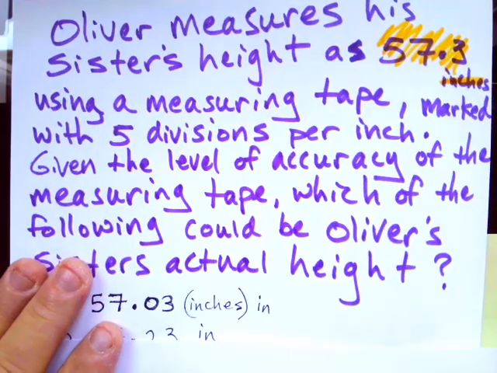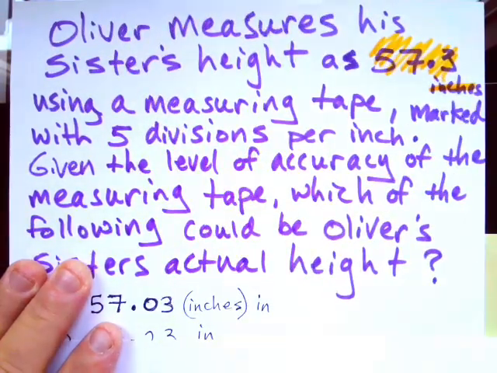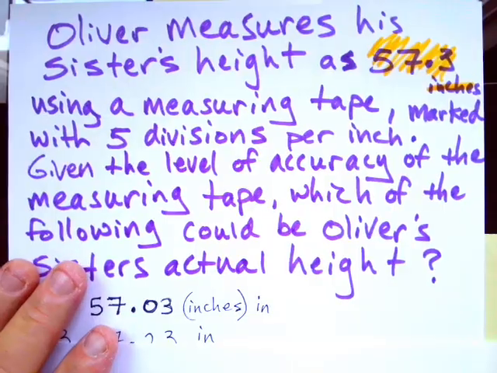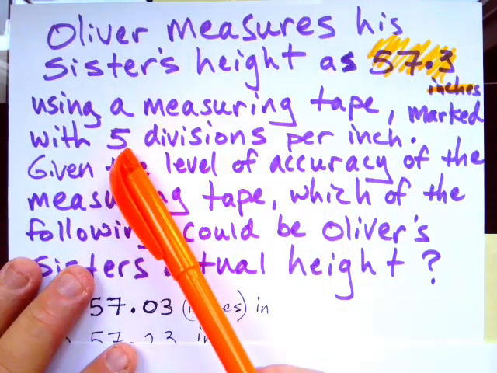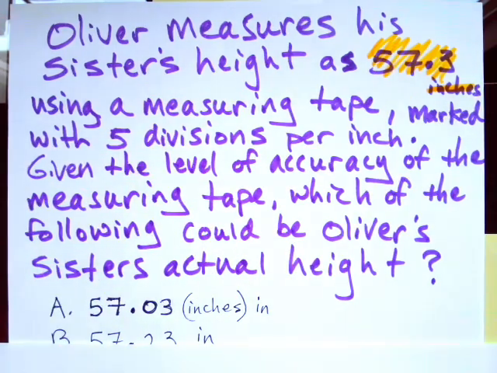In mathematics, very rarely should you ever assume that 57.3 is broken up into 5 equal portions. I think that was the trouble I was having when I was trying to figure out this particular problem.